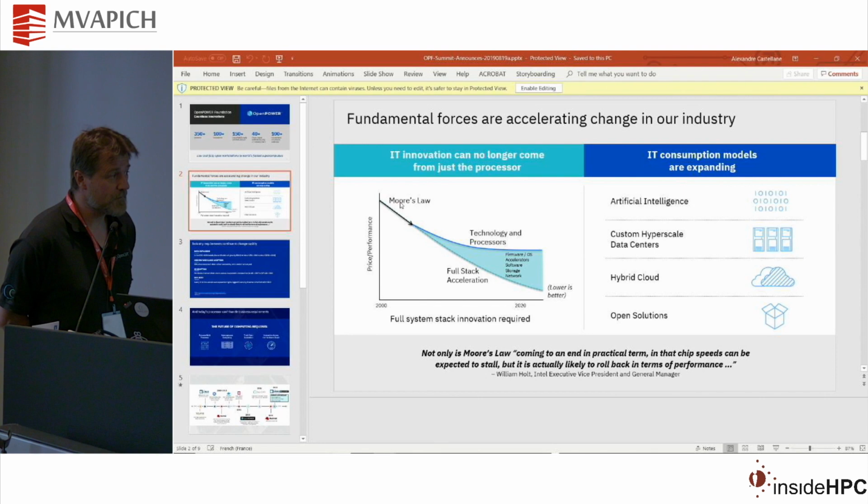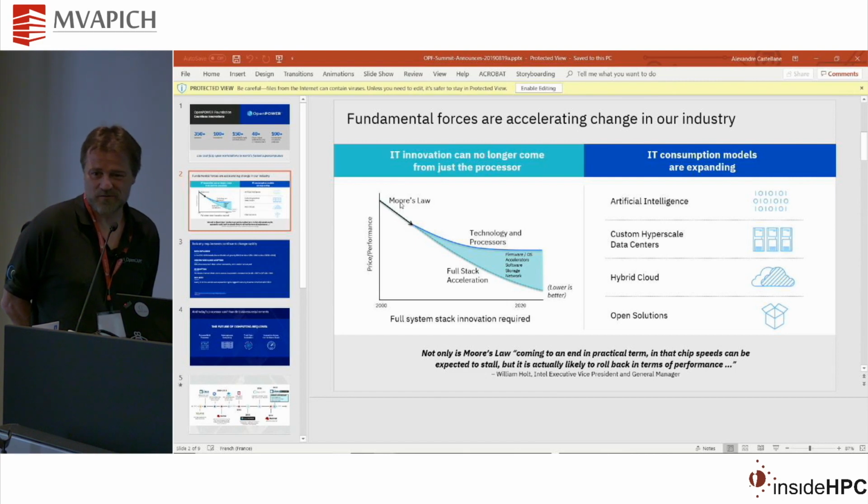So there is a crazy race to try to find alternatives. The GPU was one well known, but anything that could offer more computation capability, everybody looks for that.